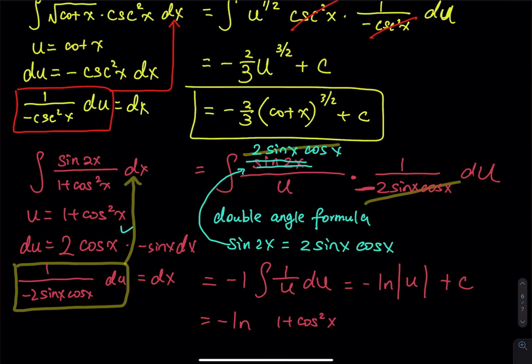A cosine is bouncing between 1 and negative 1 if you recall the graph of cosine, but once you square the cosine, the range is between 0 and 1. So cosine square can never be negative. In addition to that, you add 1 to it, so you have a positive quantity. You add 1 to it, that makes it even more positive, right? So now the absolute value can be omitted.